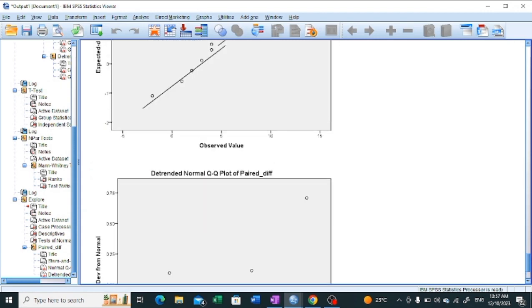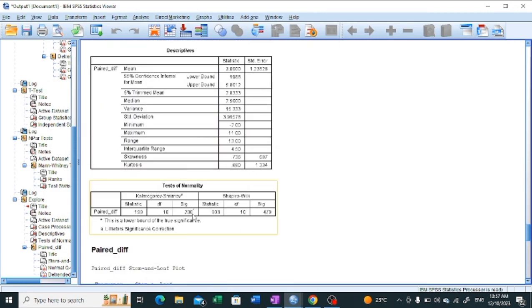If you look at the results, both KS or Kolmogorov-Smirnov and Shapiro-Wilk test give us p-values exceeding 0.05.